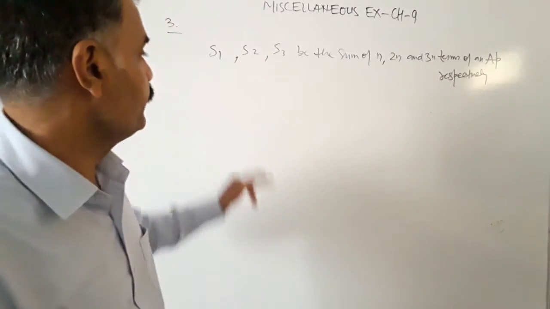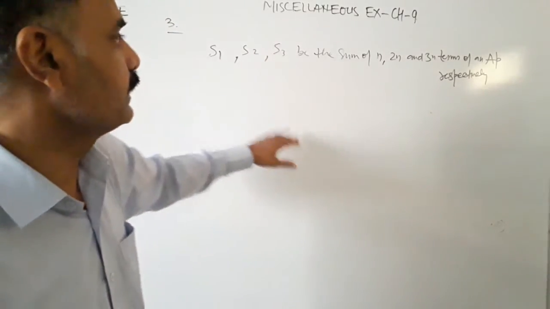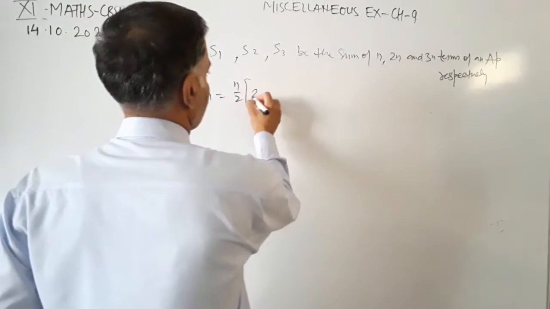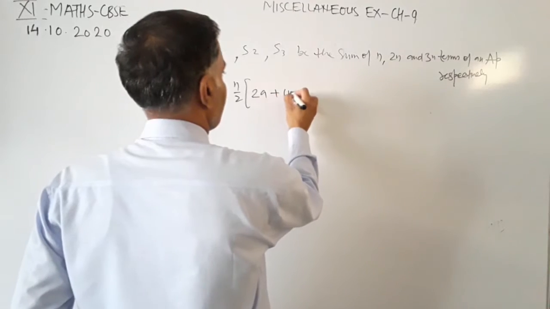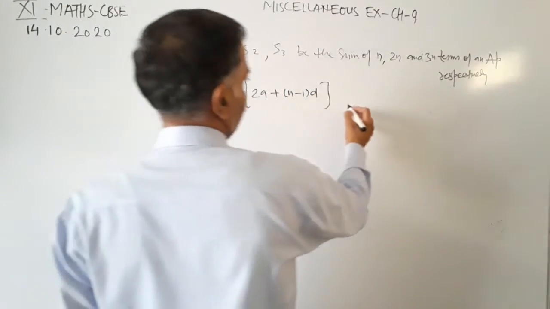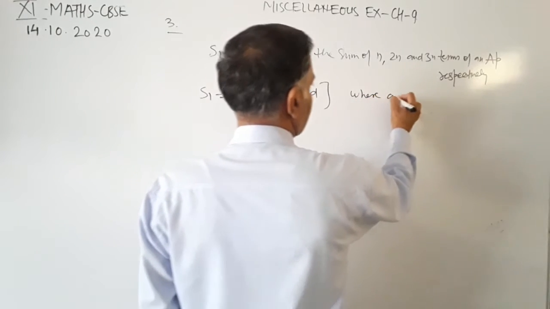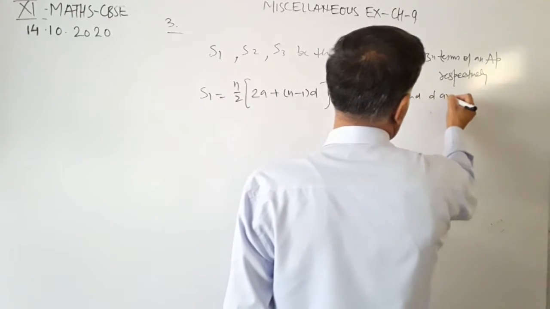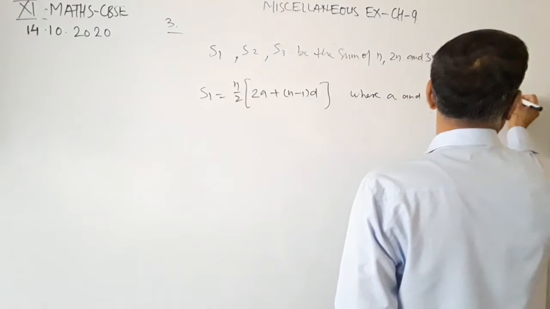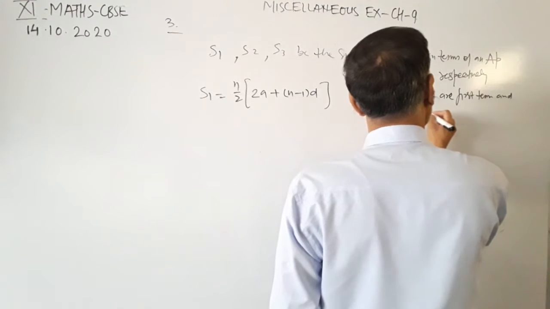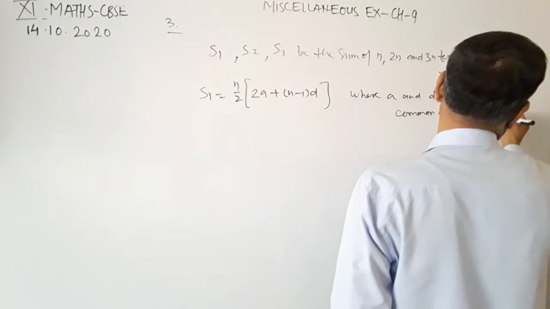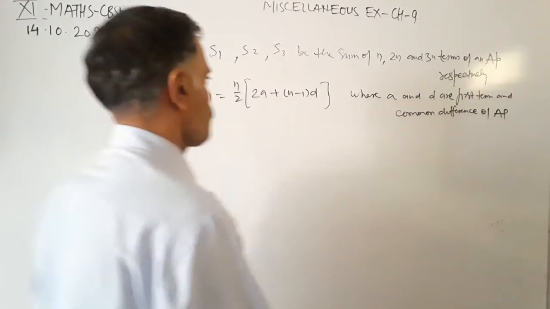So first of all we have to find S1, S2 and S3. So S1 is equal to n by 2 into (2a plus (n-1) into d). This is S1, the sum of n terms, where a and d are the first term and common difference of the AP.